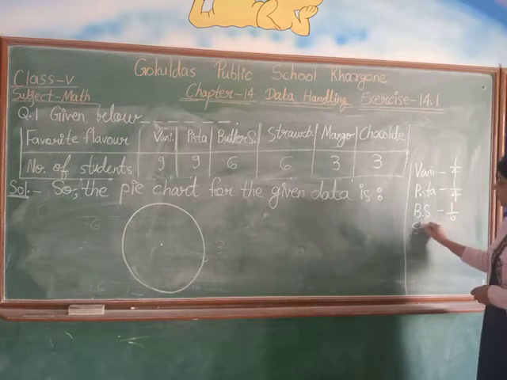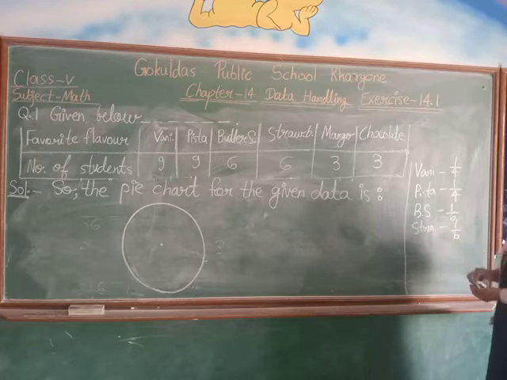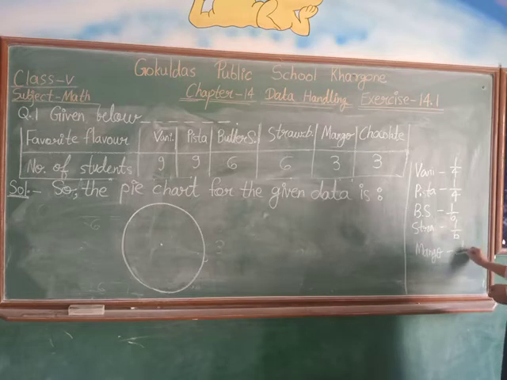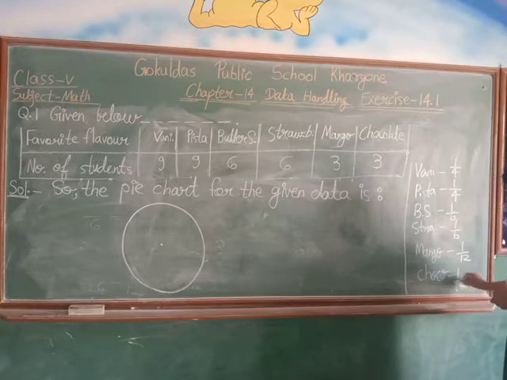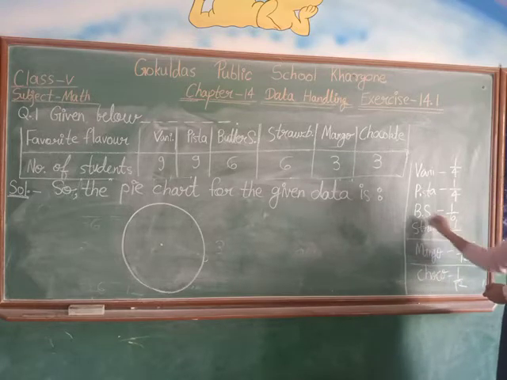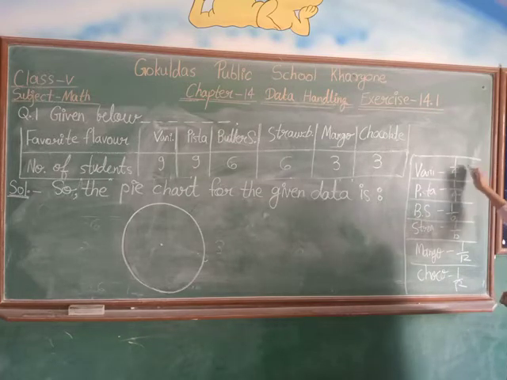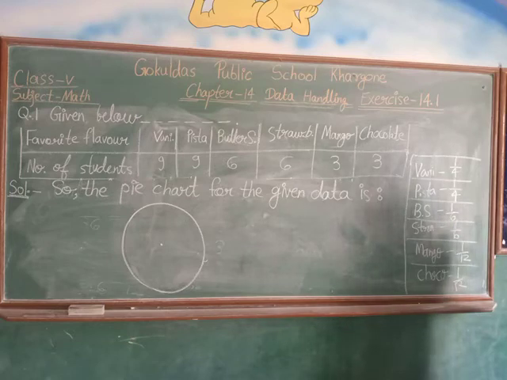For strawberry, the fraction was 1 upon 6, right? See in your copy. And for mango, the fraction was 1 upon 12. And for chocolate, the fraction was 1 upon 12. Remember? Now our task is to show these fractions on the circle.